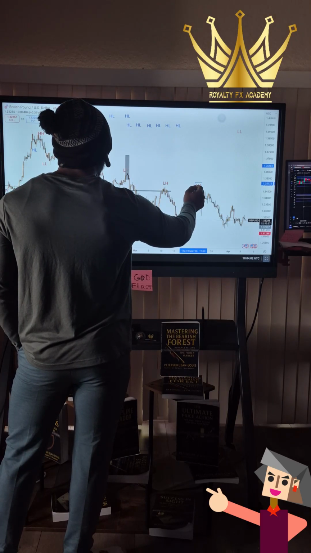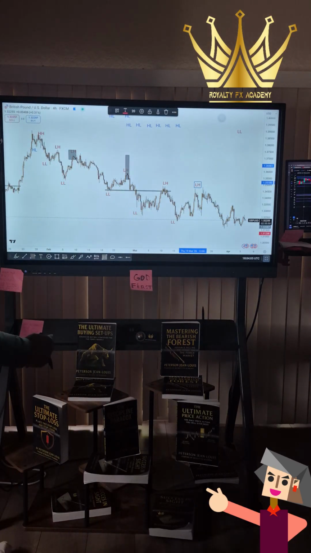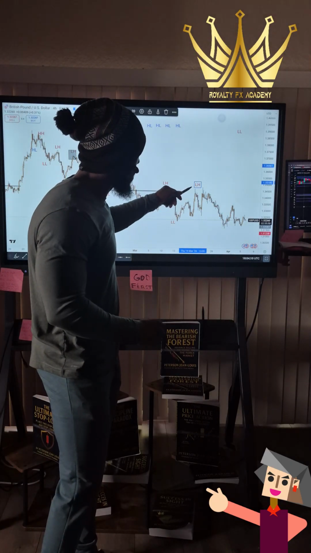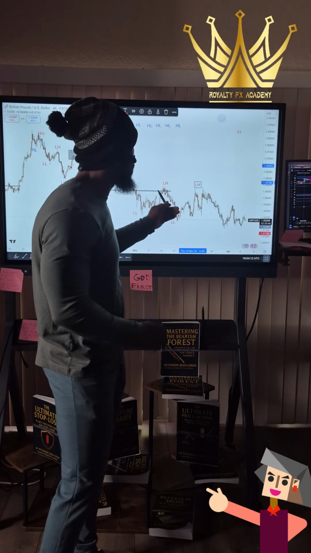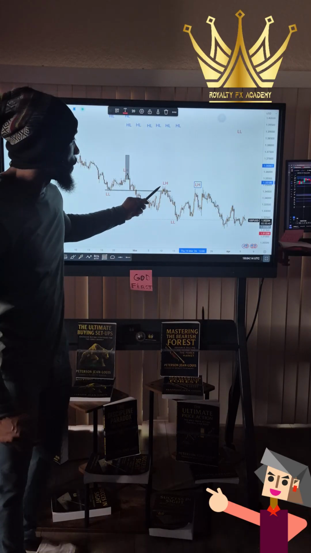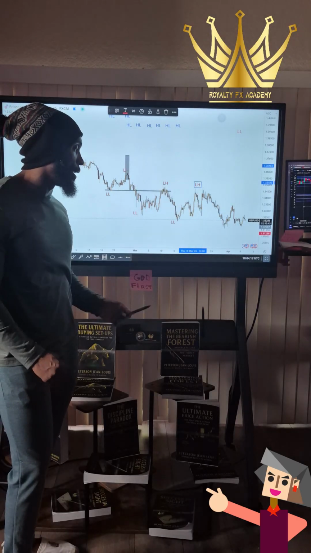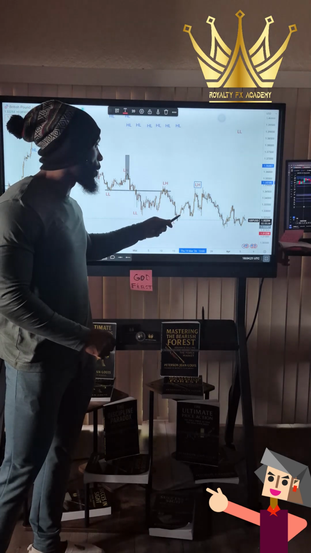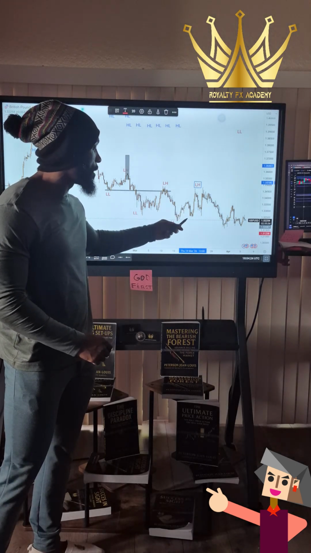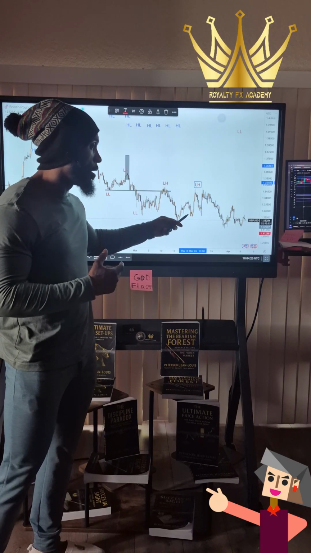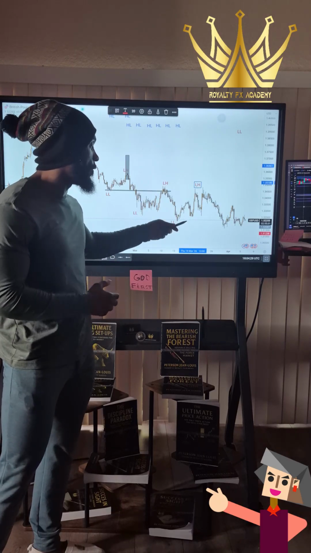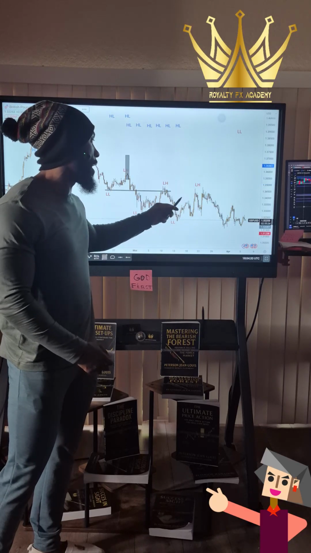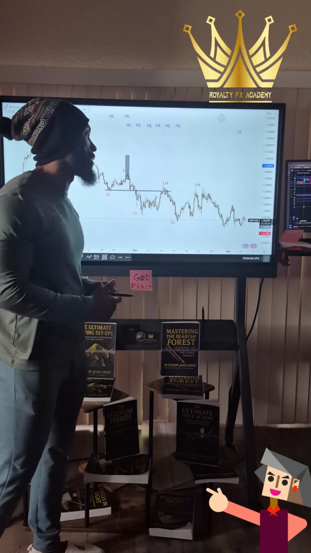All right. Now, just like I mentioned before, when I said that it could bounce off of it and come back again and bounce, just as long as it didn't break the previous low high, we know we're still in a selling structure. Also, you see how the market did go up, right? It went up and it fell to give you a lower low, and instead it gives you a higher low, where this low is higher than the previous one, and after that it went up to match the previous low high.